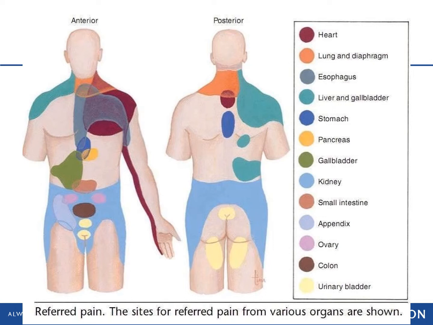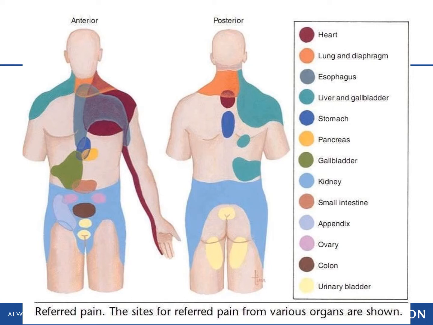Or, for example, you might have pain from your liver and gallbladder, which is in your abdomen, and you might have the pain referred to your right shoulder. So this is kind of some tricks that your body has, just based off of how your nerves and your neural pathways are formed in your brain.